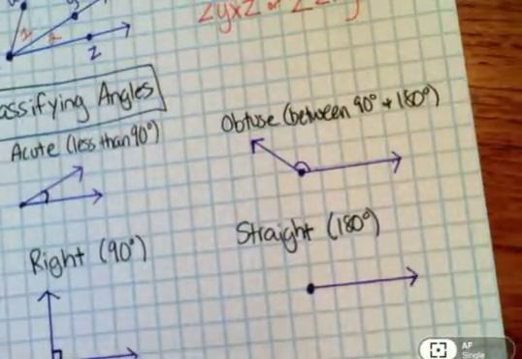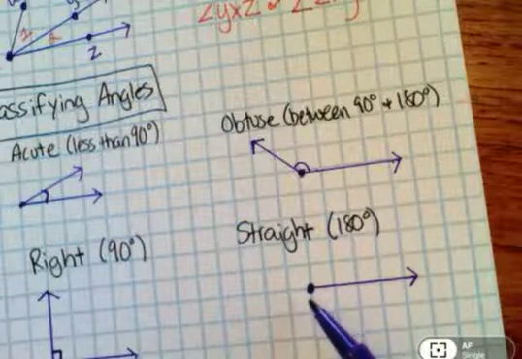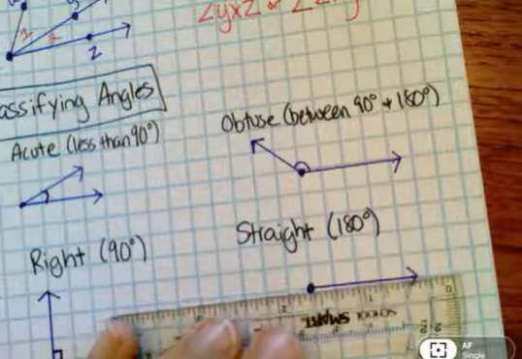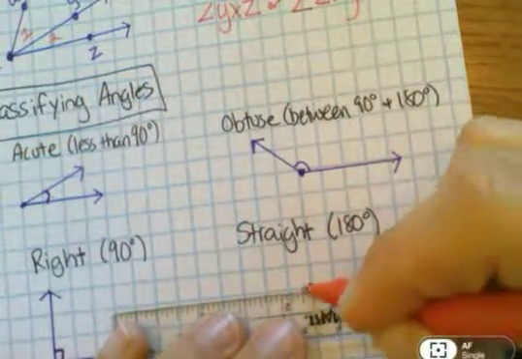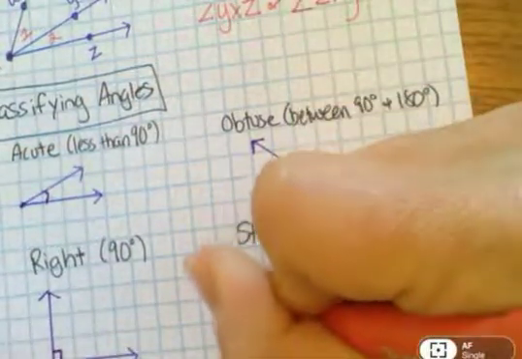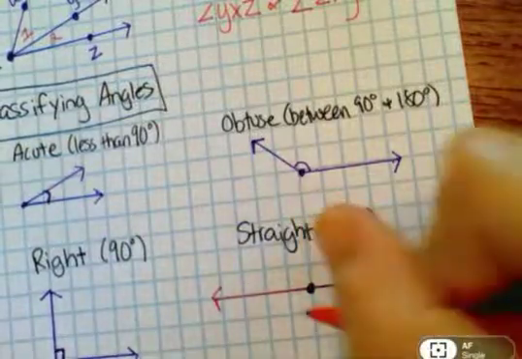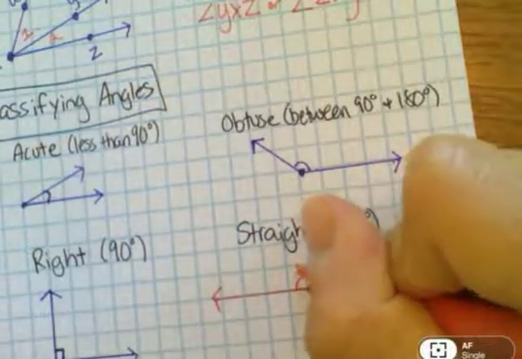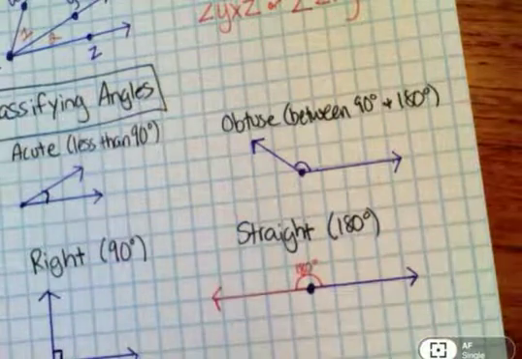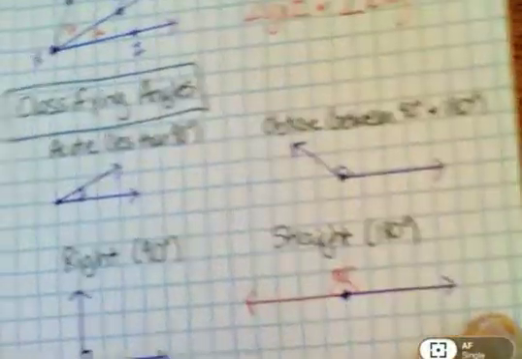To create a straight angle, what we're going to do is create another ray coming from this end point, but it's going to go in exactly the opposite direction. And I'm going to use a different color so you can see that I'm really drawing two rays here. That is a straight angle, and that is exactly 180 degrees to turn from one ray to the other. So those are our four kinds of angles.